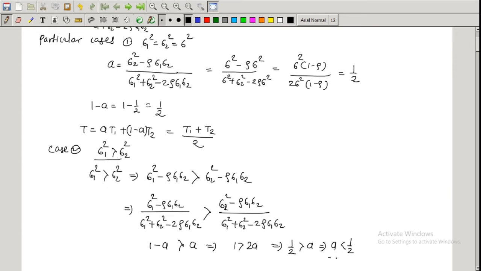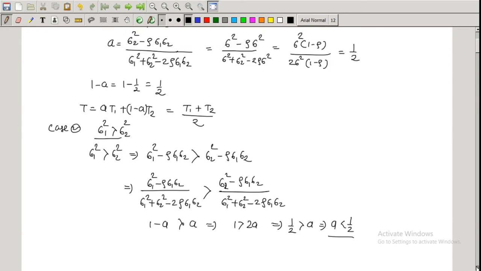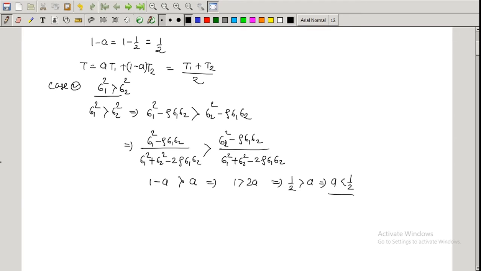This is the relation in the case when sigma 1 square is greater than sigma 2 square. The meaning of this is: if sigma 1 square is greater than sigma 2 square, then A is less than 1 by 2.